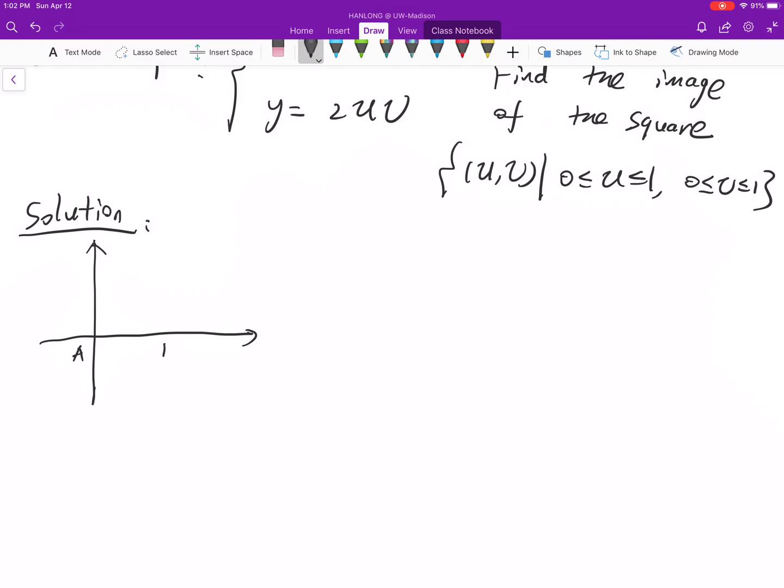So first, let's consider the uv plane, with 4 vertices A, B, C, D. This is S, and the coordinates are as follows.